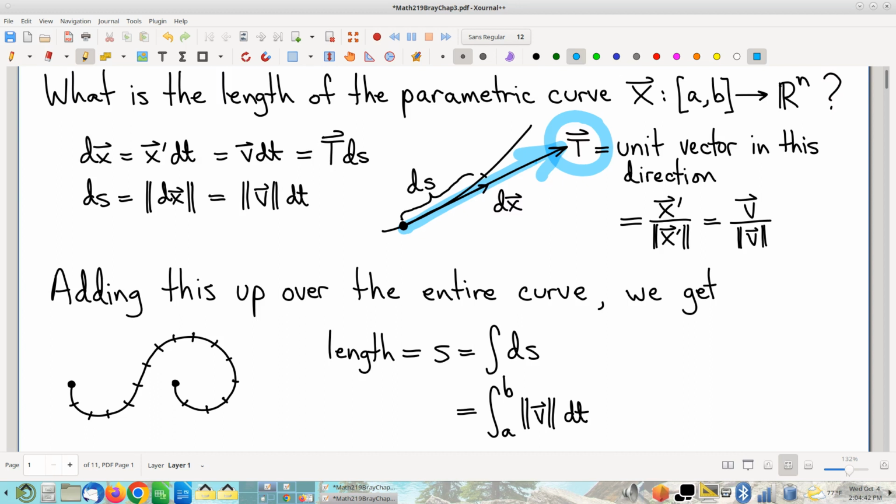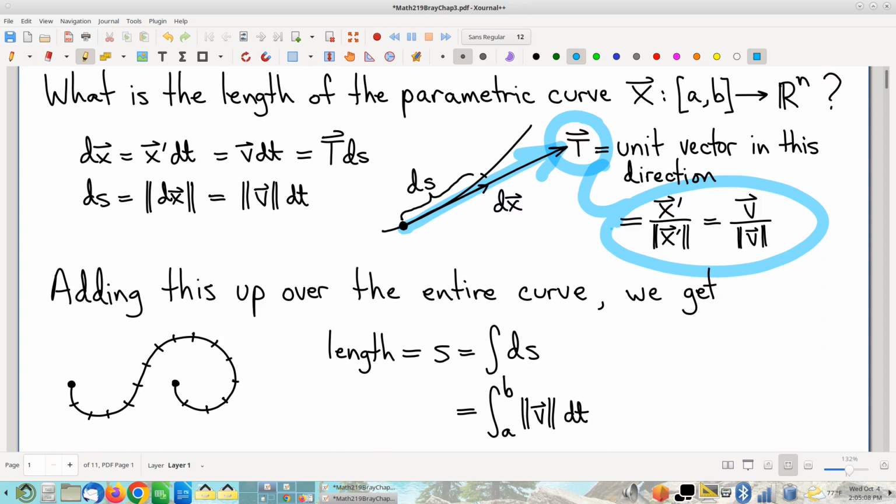If you think about it, it's a unit vector that points in the direction of the displacement. The displacement is in the same direction as the velocity, and a unit vector in the direction of a given vector, like the velocity, is the vector divided by its own magnitude. Everybody buy it?